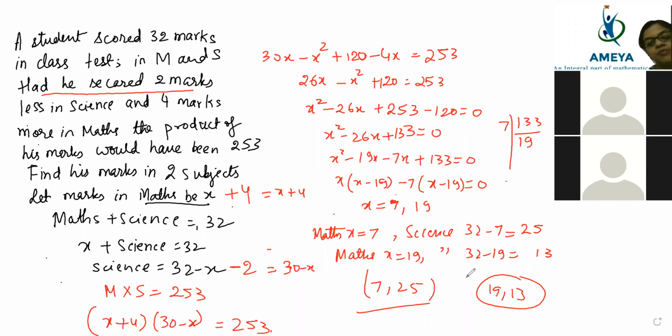That is what we wrote. Maths is exactly x plus 4, science is 30 minus x. So x plus 4 into 30 minus x is 253. After that, we factorized and we got the content. Saranya is telling easy question. Fine. Let's solve another question.